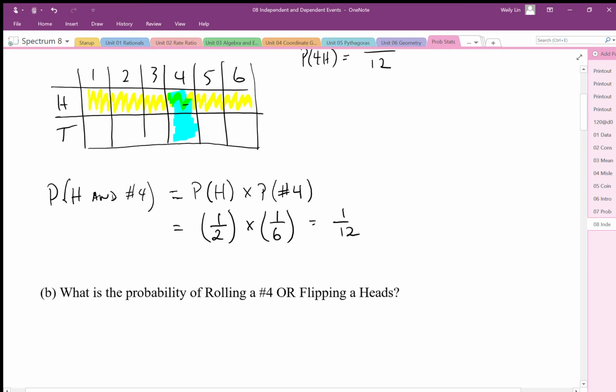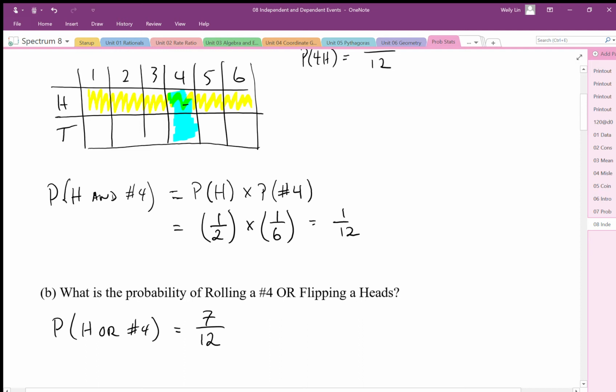Whereas if we just look at the sample space, the probability of heads or number 4, we just counted 1, 2, 3, 4, 5, 6, 7 events that are favorable. That is flipping heads or rolling a 4, 7 out of 12.